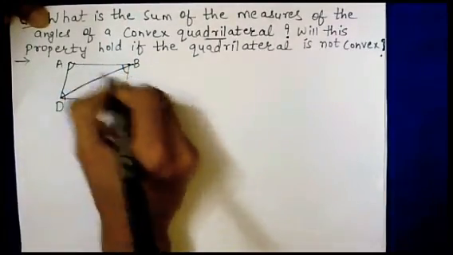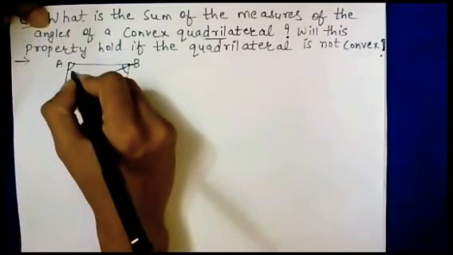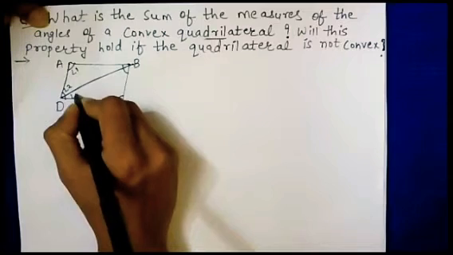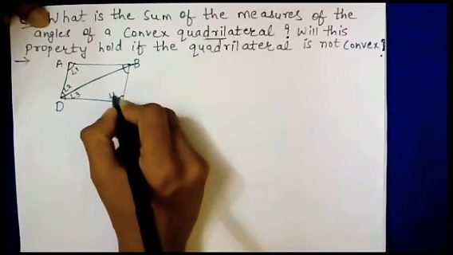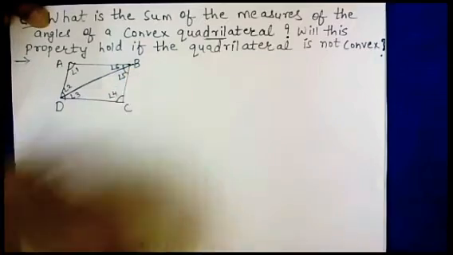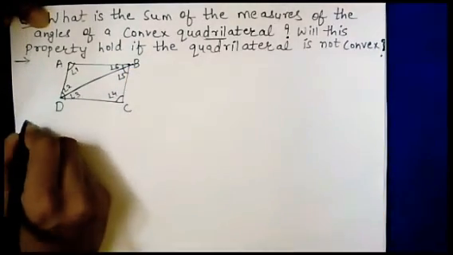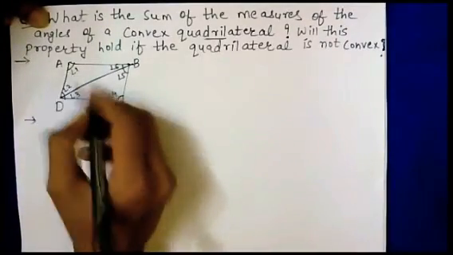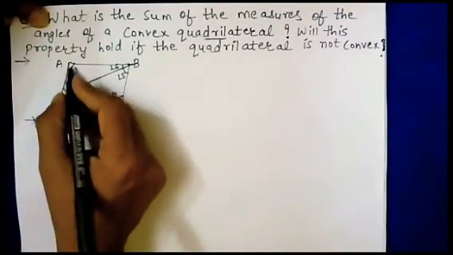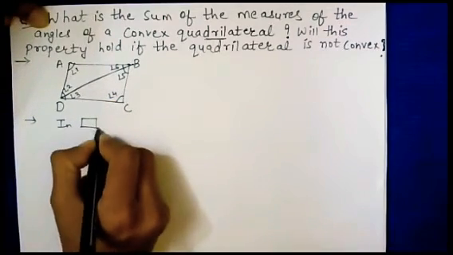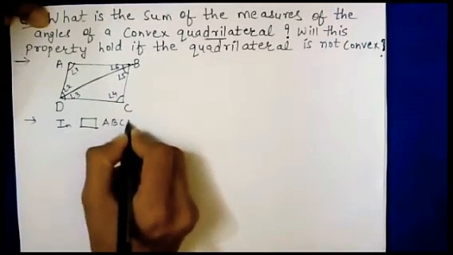Now we will name all the angles. This will be angle 1, this angle 2, this angle 3, this angle 4, this angle 5 and this angle 6. Okay, now let us start. Our quadrilateral is ABCD.